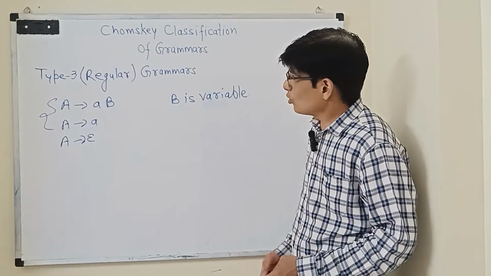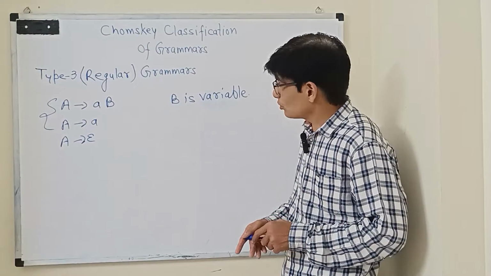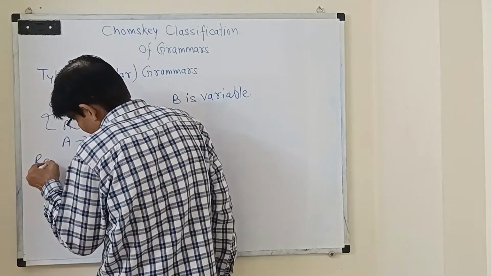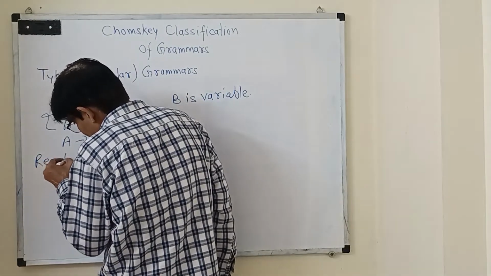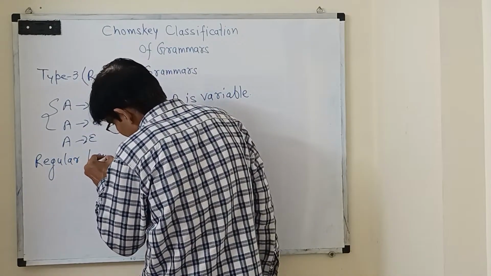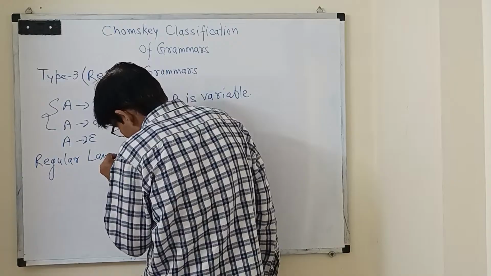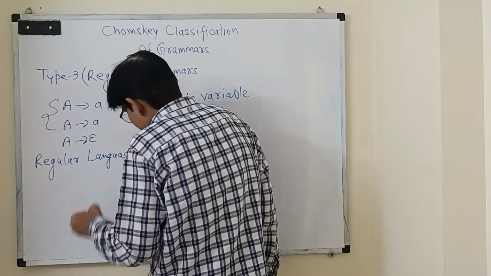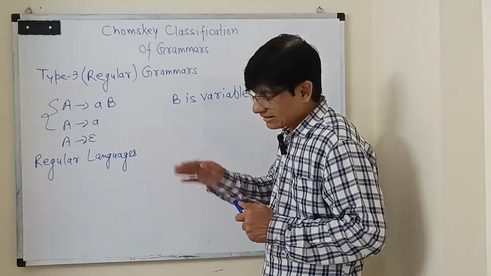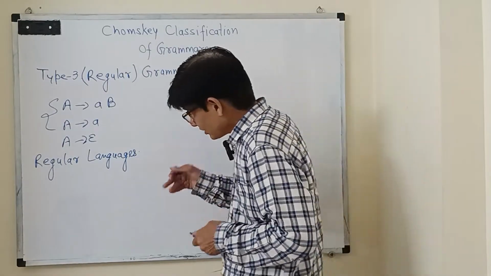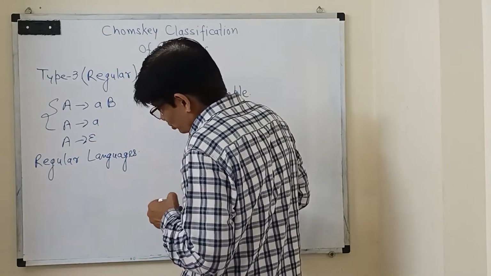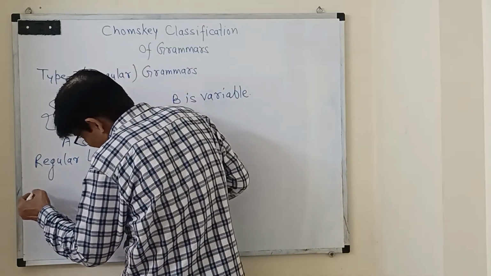Now if we talk about the languages, what kind of languages this grammar generates, we call them regular languages. We have already discussed these languages in very much detail in all previous lectures. Now, what mathematical model do you use to implement these languages on a computer system?